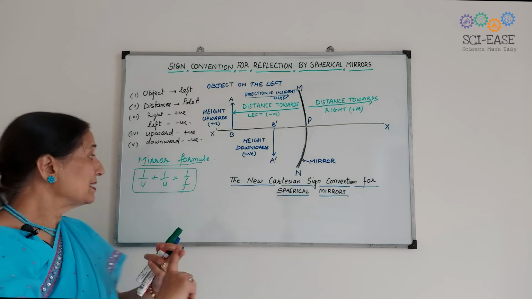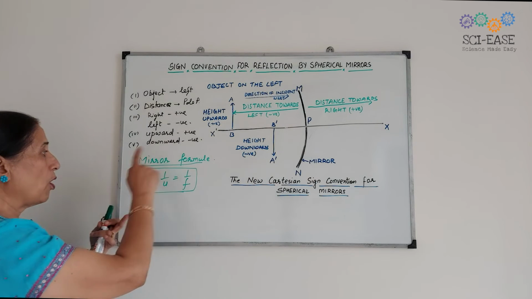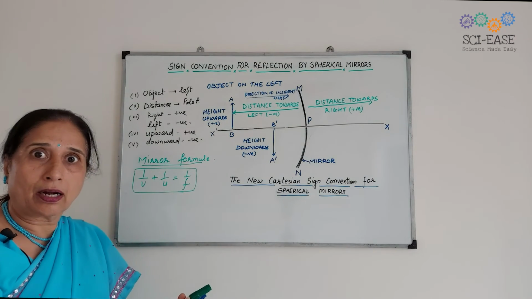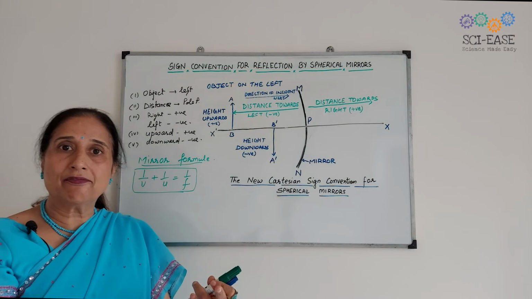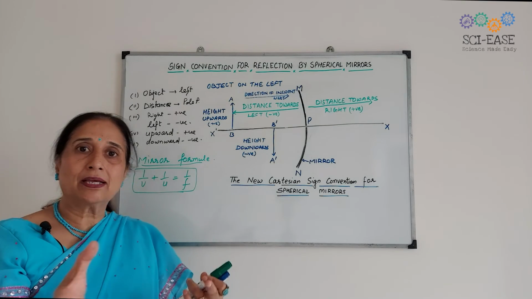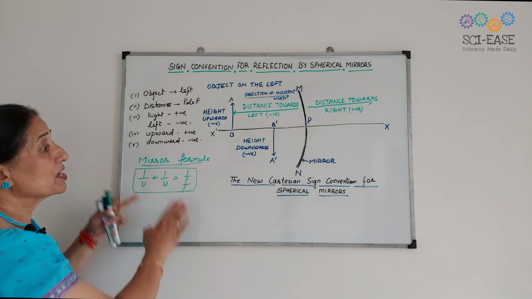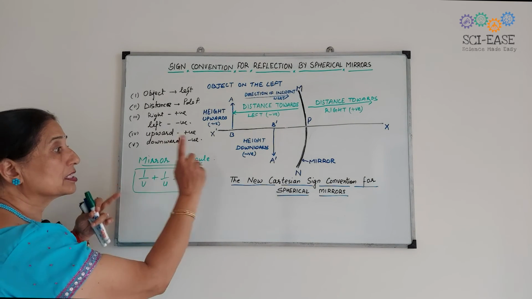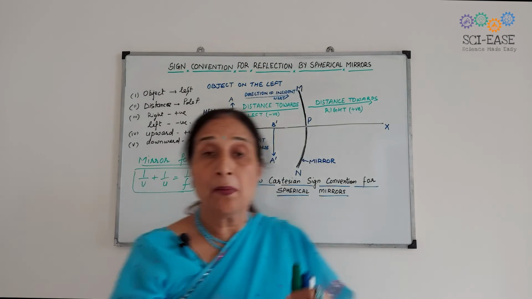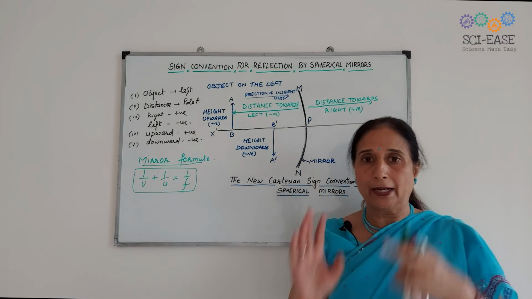By using the sign convention, we put the signs of v, u, f or r. Sometimes r, the radius of the mirror, is given, and from that you can calculate the focal length. So by using the sign convention, you put negative or positive signs. Must read the statement of the question thoroughly.